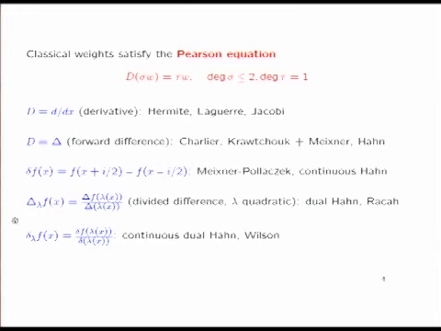Or you can use a divided difference operator where you use this complex difference with a quadratic function, and you get all these. And so the whole Askey table is based on this simple observation over here. You just need, and the classical case is when, the degree of sigma is at most 2 and the degree of tau is 1.